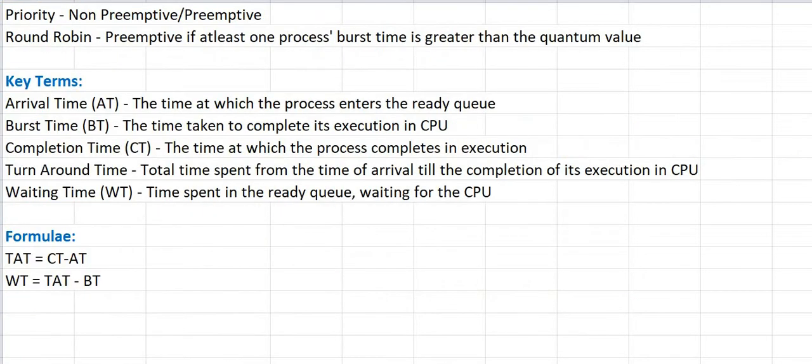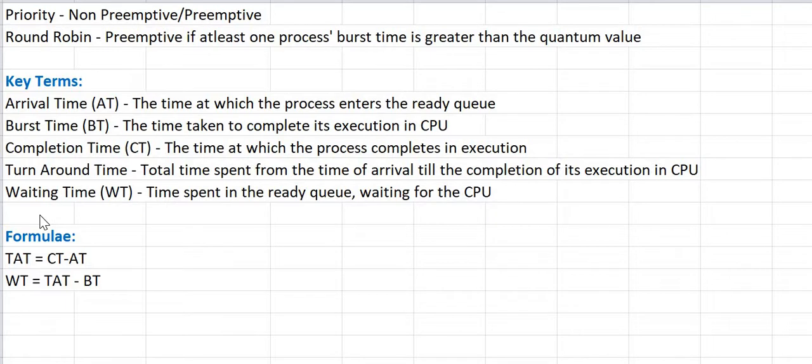The key terms are arrival time, burst time, completion time, turnaround time and waiting time. Before solving problems, we will see what these are. When a particular process enters into the ready queue, we specify it with a timestamp, and that time is what we call the arrival time.